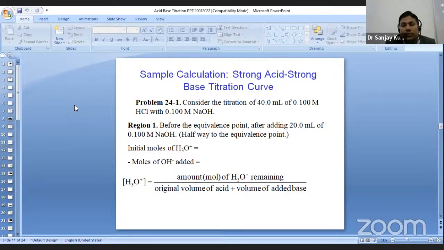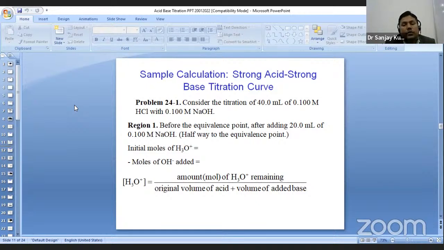So in this way we can go for strong acid with weak base, strong acid with strong base, or weak acid with strong base, and can easily calculate, or you can say perform in a lab, with different kinds of compounds. For a strong acid like HCl we can use concentrated HCl, or we can replace it with concentrated sulfuric acid or concentrated nitric acid.